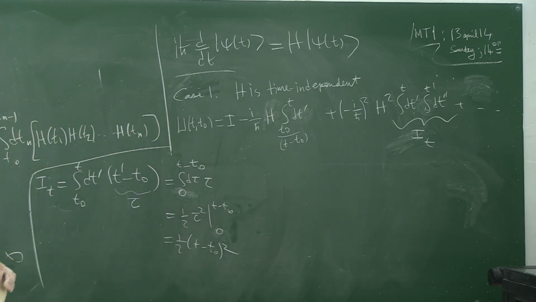So it's finished. You see how it's going. The first line is a single integral, t minus t0. The second one, 1/2 (t minus t0) squared. Do it one more: a third-order integral gives 1/3 factorial (t minus t0) cubed.